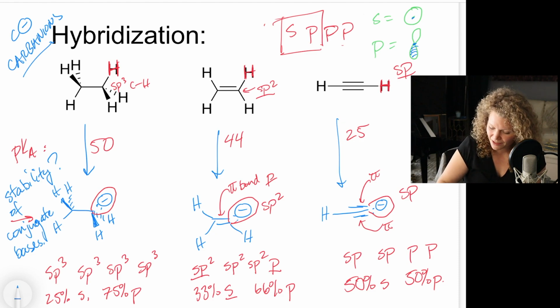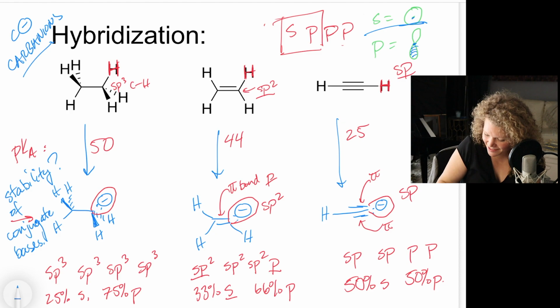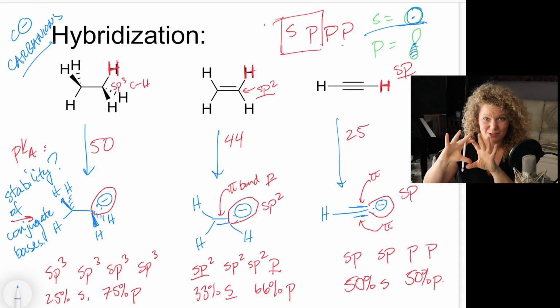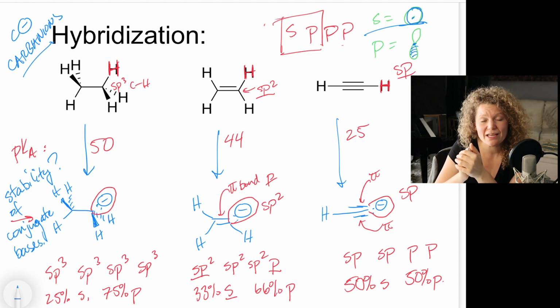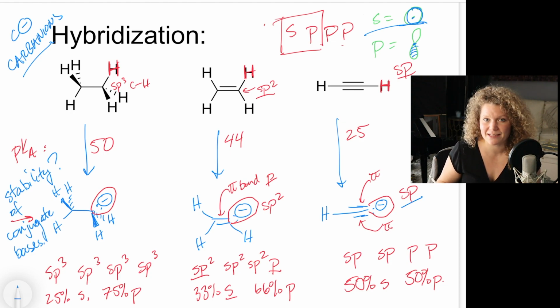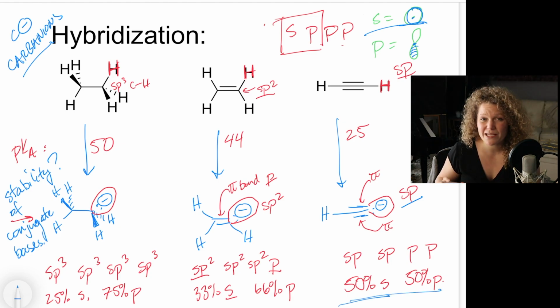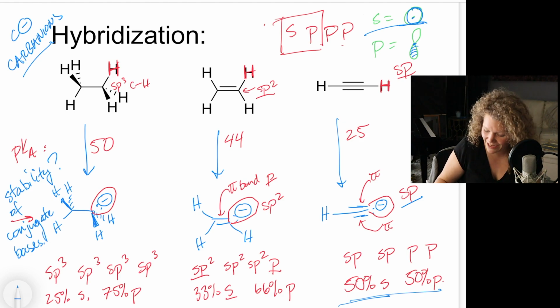Well, here's the thing. An element with more s character has this orbital that is a sphere surrounding it. We know that the nuclei of atoms are positively charged, right? They've got protons and neutrons. This means that carbons that are sp hybridized are more electronegative. This sp orbital has more s character. It is more electronegative then.